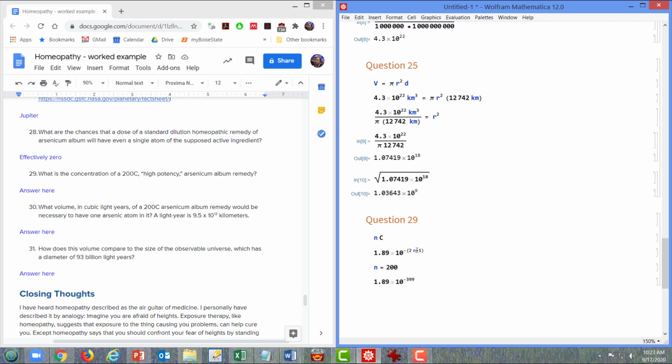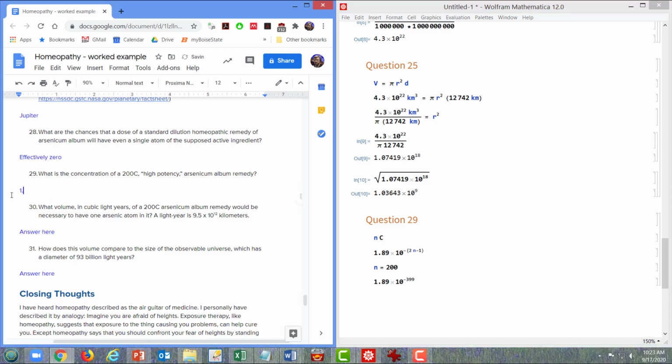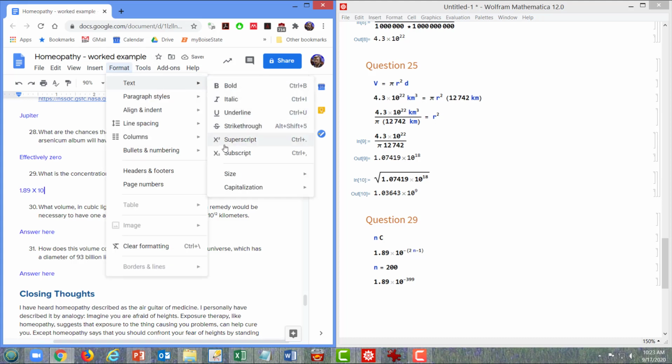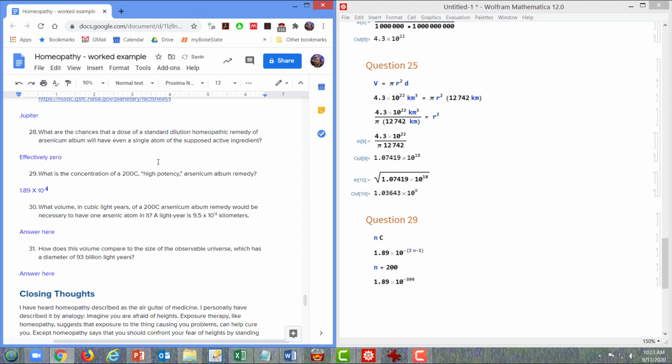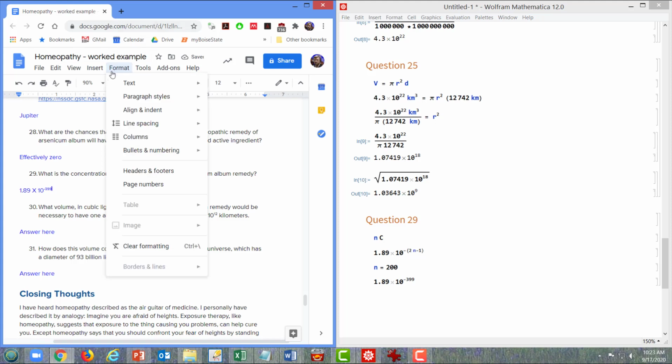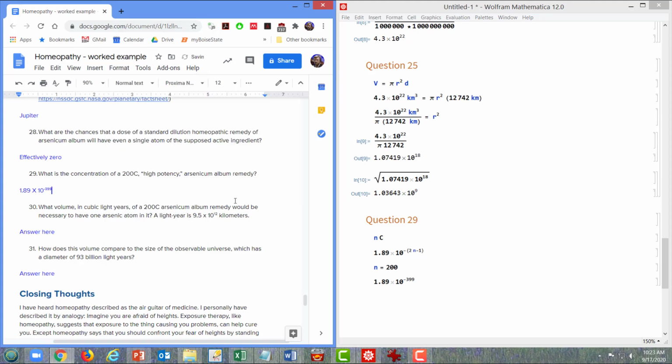So 400 minus 1 is 399. 1.89 times 10 to the negative 399 molar. Nope. Apparently I hit caps lock. There we go. All right. What volume in cubic light years would be required to have a single arsenic atom in it?